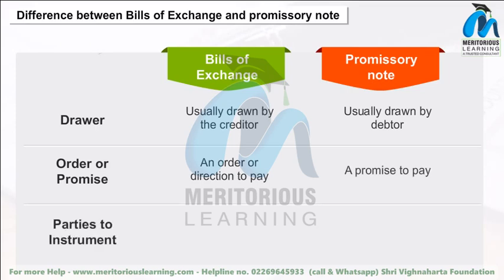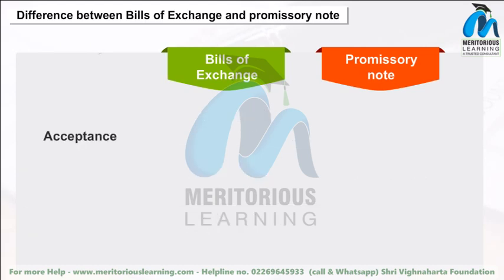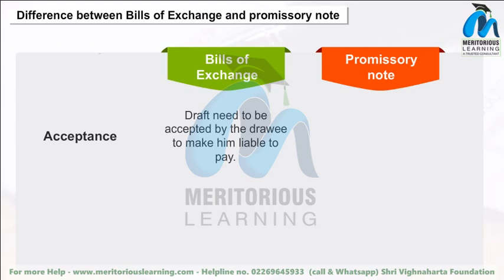3. Parties to instrument. In a bill of exchange, there are 3 parties involved: the drawer, the drawee, and the payee. In a promissory note, there are 2 parties involved: the maker and the payee. 4. Acceptance. In a bill of exchange, the draft needs to be accepted by the drawee to make him liable to pay.